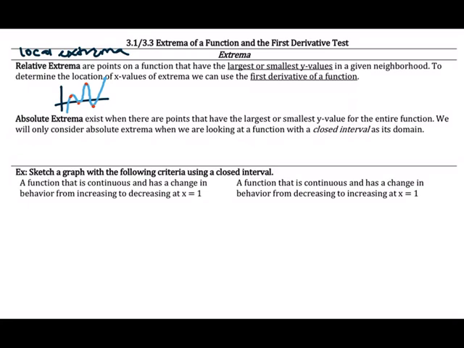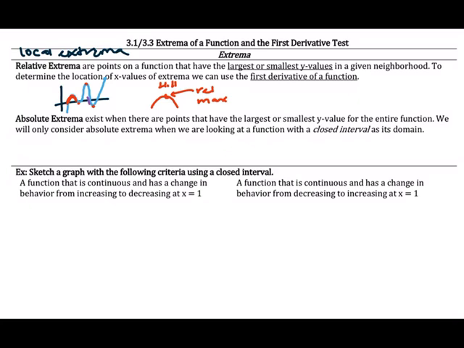Those points are called relative extrema. If we are looking at a point like this, where we have sort of a parabola-looking curve, this would be sort of the top of the hill, and this would be called a relative max, because it is the highest point within that particular portion of the curve.